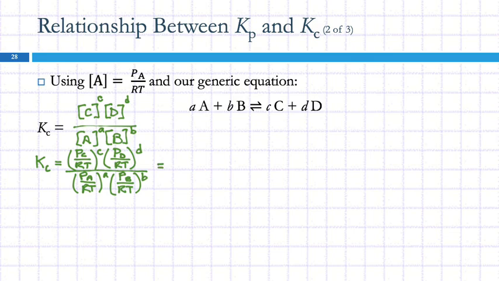So I've got PC to the c, PD to the d, divided by PA to the a, and PB to the b.